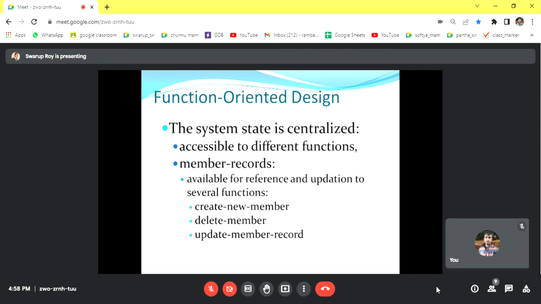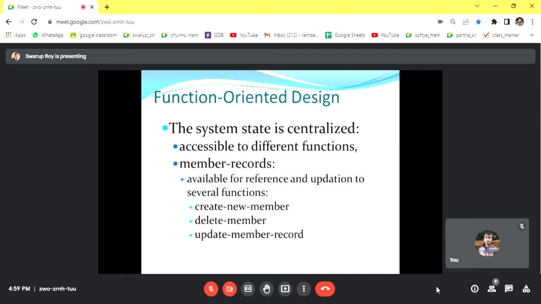Then all the functions are using that thing, available for reference to the several functions: create new member, delete member, update member record. They are all dependent on that particular common data structure called member records. That approach is called the centralized approach, because data is in one place and there are many functions accessing it.